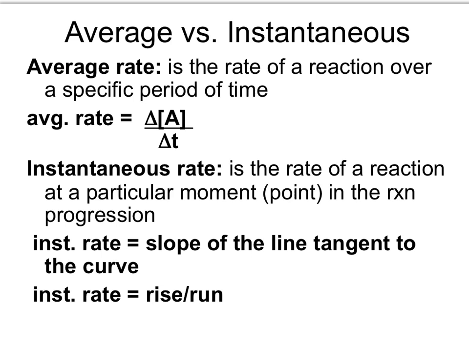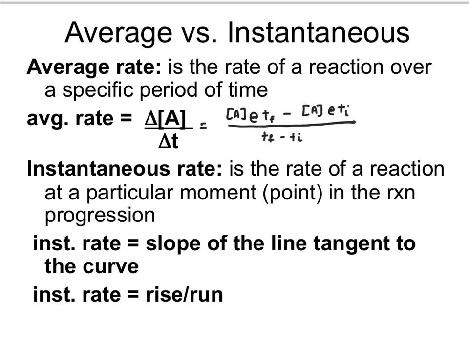So average rate is the rate of a reaction over a specific period of time. Now, the average rate is going to be represented by the change in the concentration of either a product or a reactant divided by the change in time. Now, the concentration and the time period are obviously directly related and obtained from experimental data.